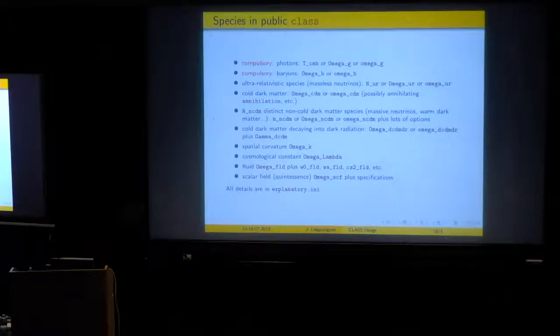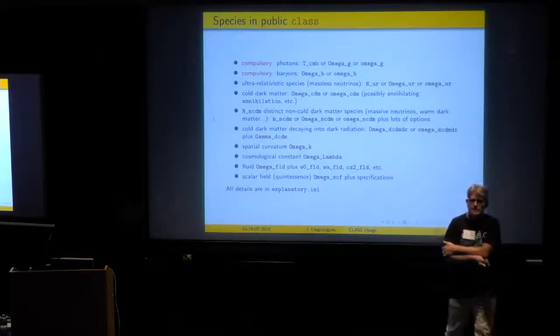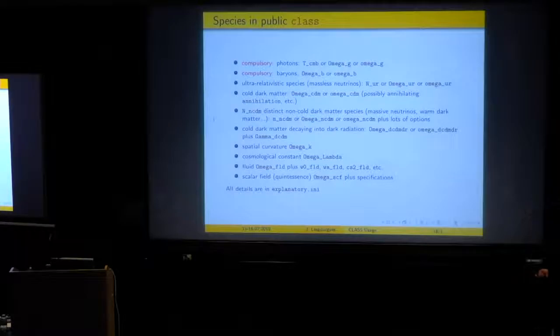You have, of course, spatial curvature. You have the usual cosmological constant. And you have a fluid with which you can do whatever. As we said before, it could be dark energy, dark matter, or dark radiation. In the simplest parametrization, the fluid will be described by P over rho today, and the derivative of P over rho with respect to a.